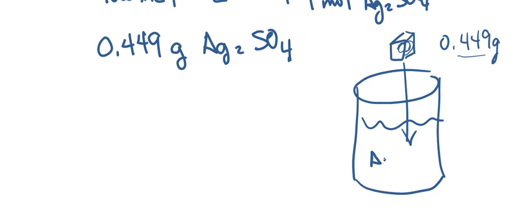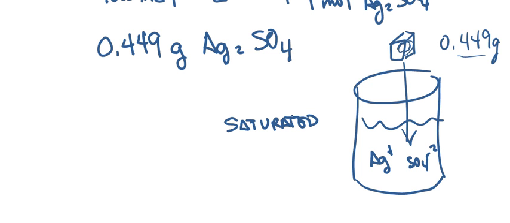So what that means is we have some silver ions and some sulfate ions floating around in the solution, and also that the solution is now saturated. That's a really important term that we need to know. Saturated means that we cannot dissociate any more of silver sulfate in that solution.